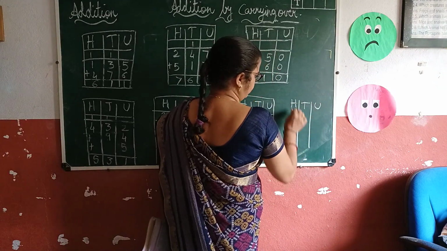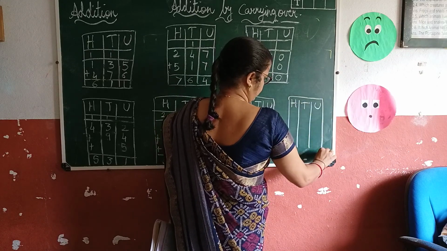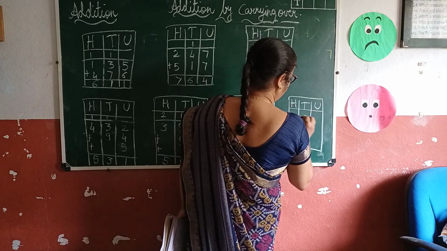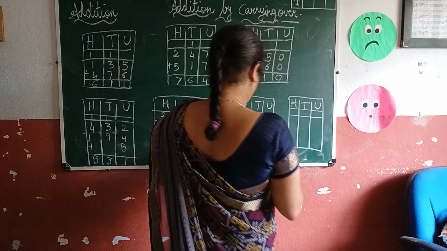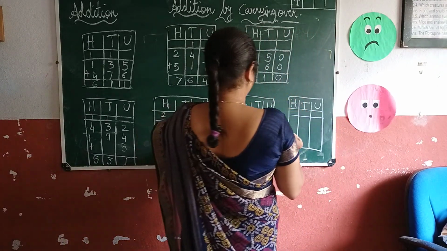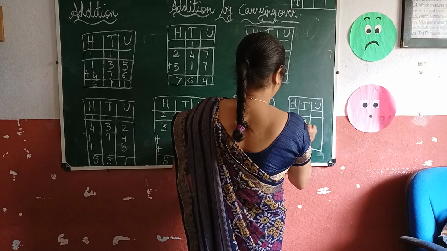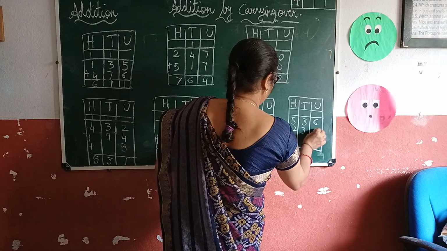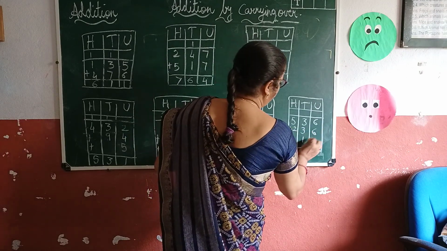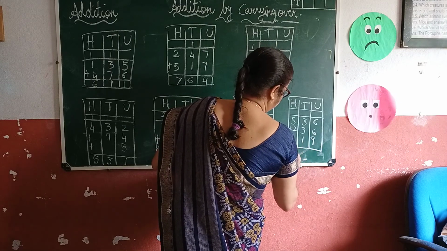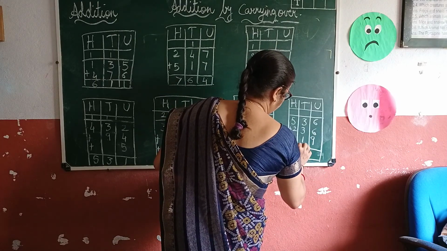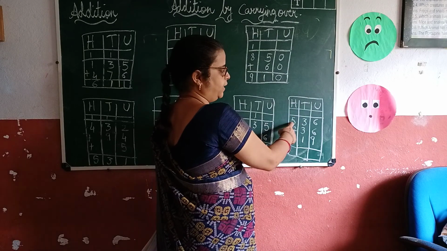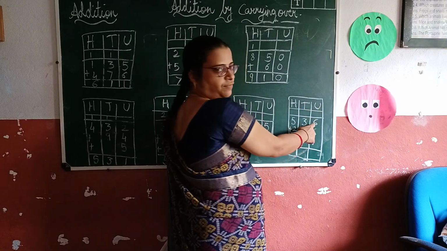So again I am giving another example. HTU. So look here, 536 plus 236 plus 19. So now look here, hundreds, tens, units. In the hundreds column they have written 5, in the tens column 3, in the units column 6.